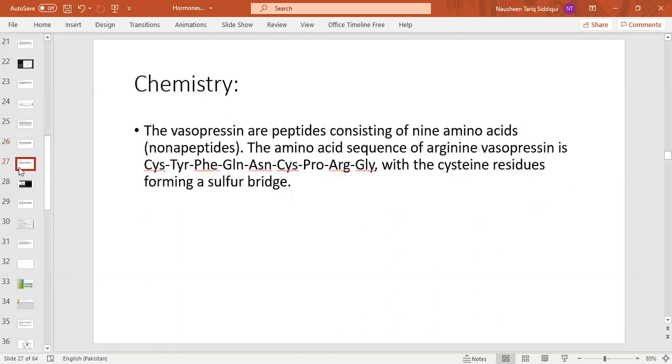The vasopressin is a peptide consisting of 9 amino acids. There are also nonapeptides.